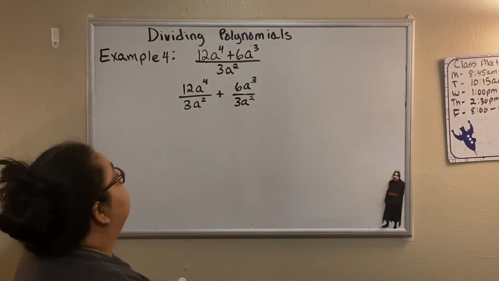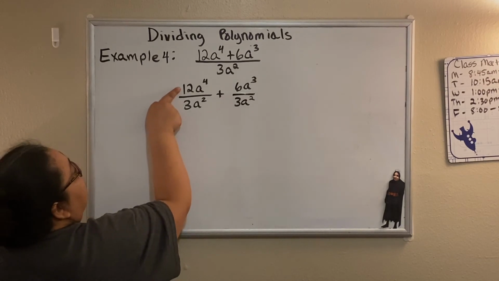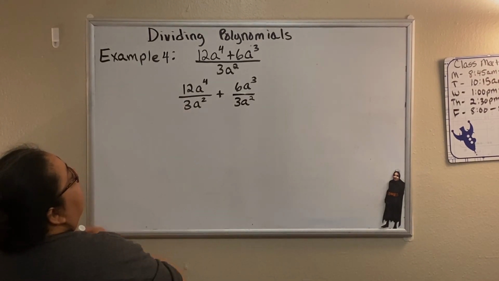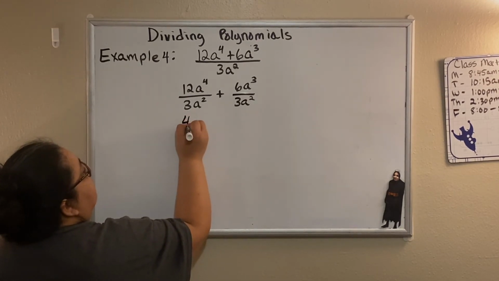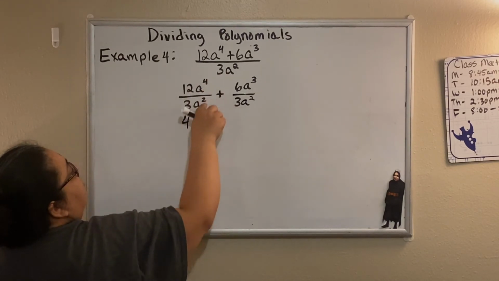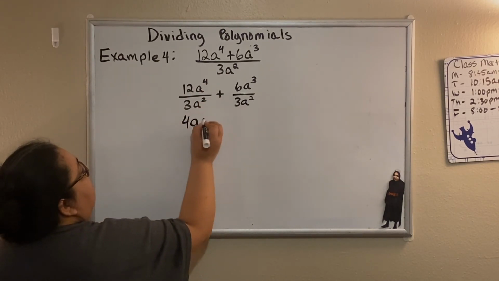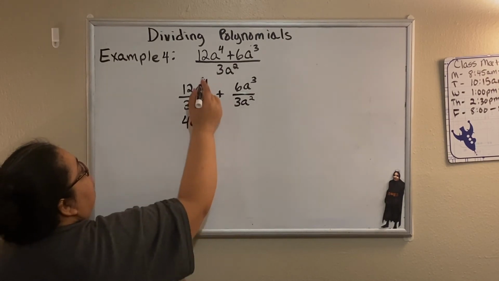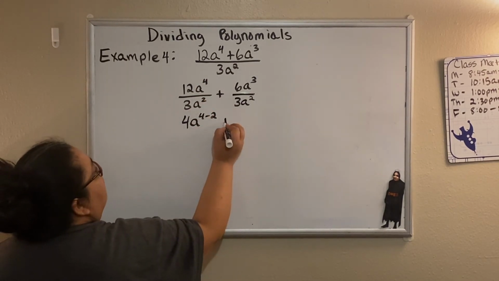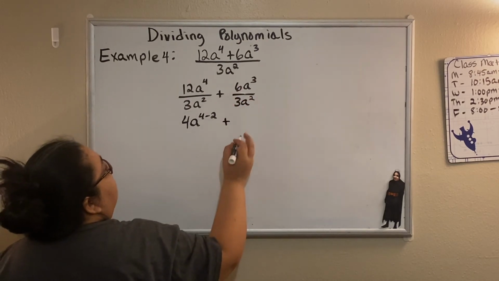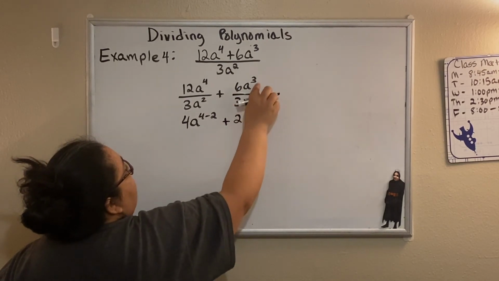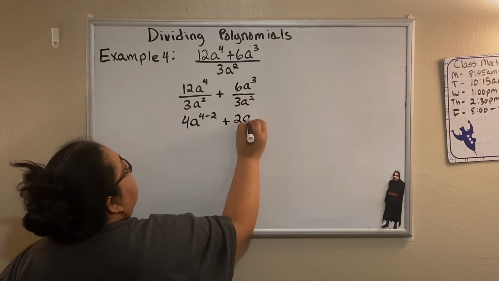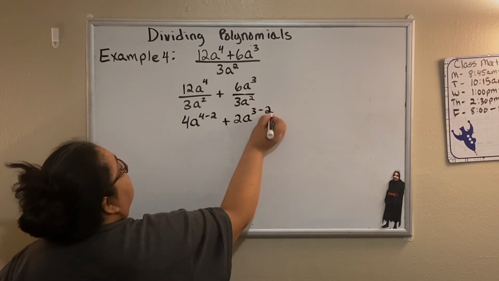So now I can reduce 12 divided by 3. Well, that's just 4. And then a to the 4th over a to the 2nd, well, that's going to be a to the 4 minus 2. Remember, we subtract the powers. Plus 6 divided by 3 is 2. A to the 3rd over a to the 2nd is a to the 3 minus 2.